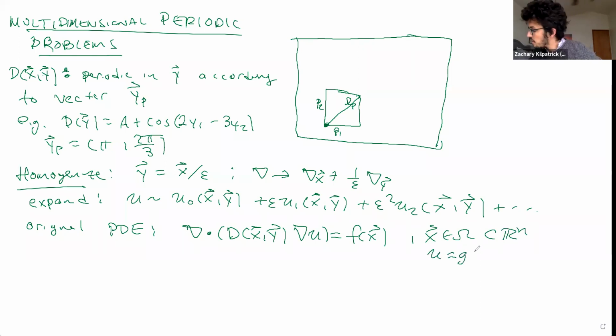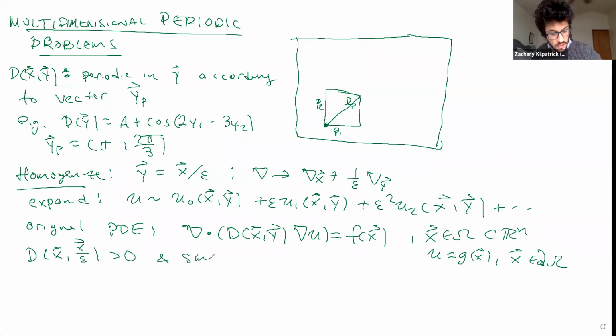And you have some boundary condition g of x along the boundary. And we assume that D(x, x over epsilon) is positive and smooth, and we already wrote down the periodicity condition.